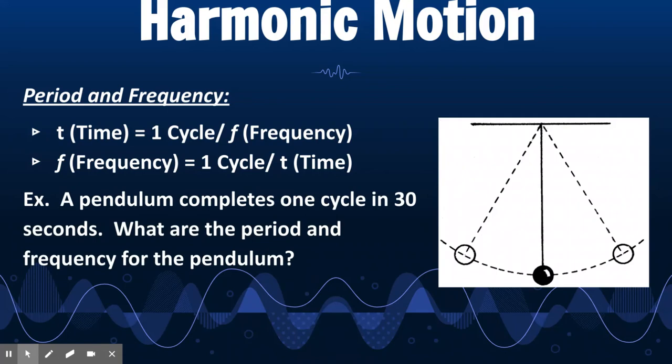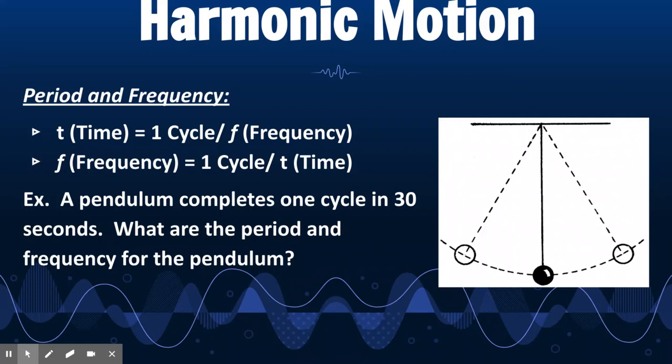So a pendulum completes one cycle in 30 seconds. It's a really slow pendulum or a very, very big amplitude. What are the period and the frequency for the pendulum? Let's start with frequency because we don't know it.